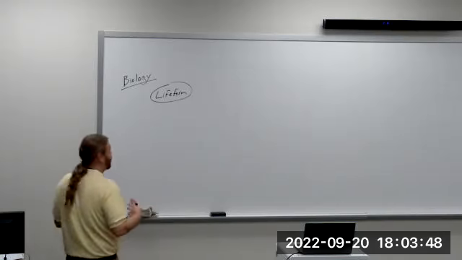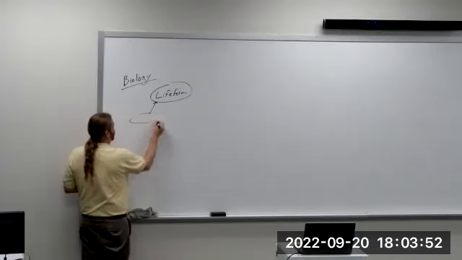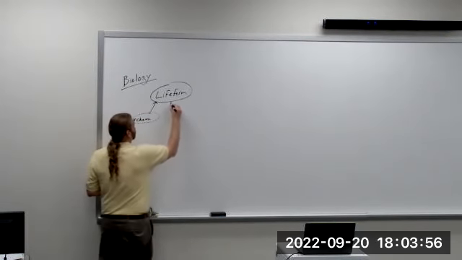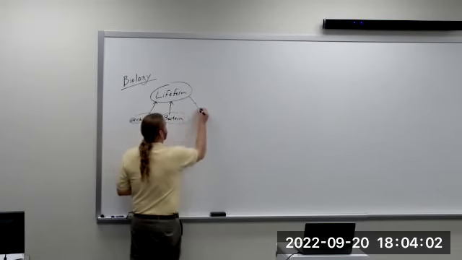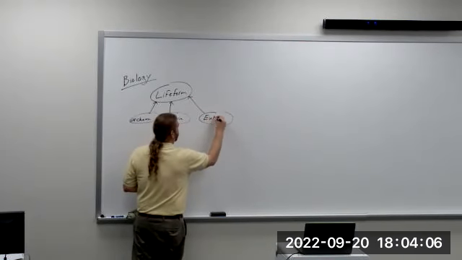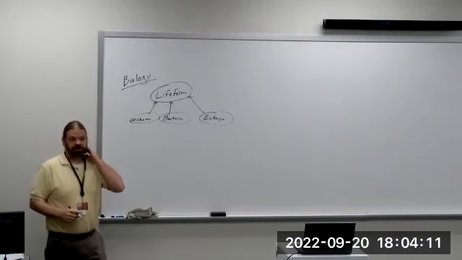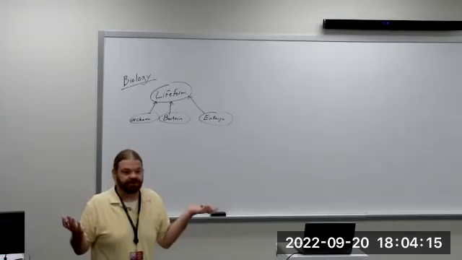But then that breaks down into some more specific things. From biology, we'd have the archaea, bacteria, and eukarya. 3 different branches that are a little bit more specific. They're still life forms, but there's some slight differences between them.